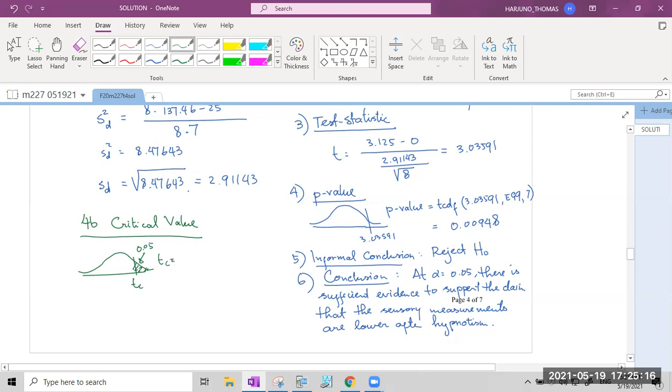So T critical is equal to inverse T, area to the left 0.95, degrees of freedom 7. That will be 1 point something, 1.89458. And my test statistic is much higher than that. It's in the tail.